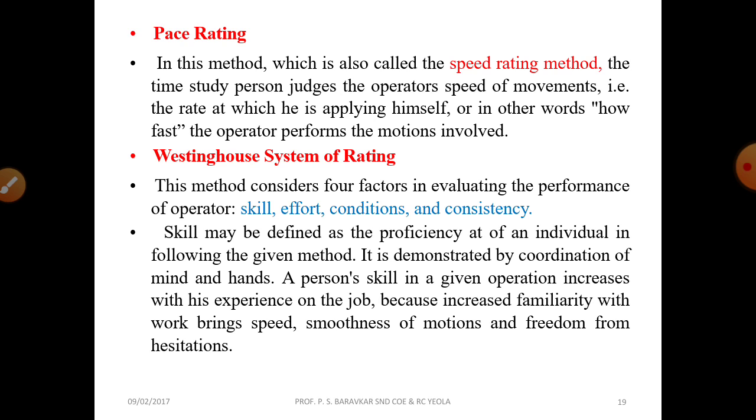Next point is pace rating. In this method, which is also called the speed rating method, the time study person judges the operator's speed of movements, that is the rate at which he is applying himself, or in other words how fast the operator performs the motions involved.